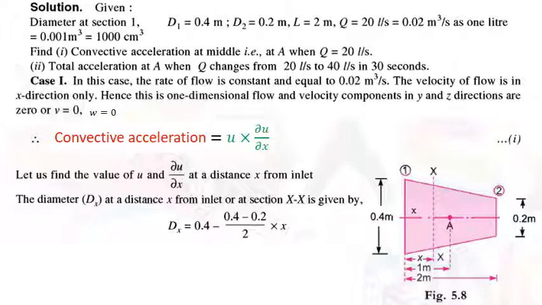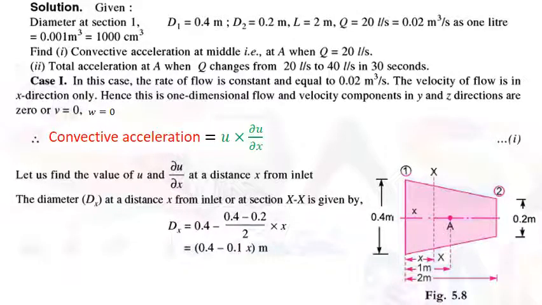Change in diameter is 0.4 minus 0.2 divided by length of the pipe, that is 2 meters, multiplied by distance between sections 1 and section X, that is X. This will give you the diameter at section X. That is 0.4 minus 0.1 into X meters.